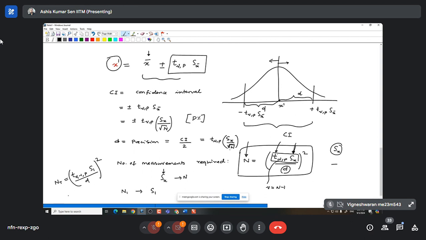You have already done n1 measurements, so the remaining measurements you should do is nt minus n1. Okay. So let us take an example for you to understand this.